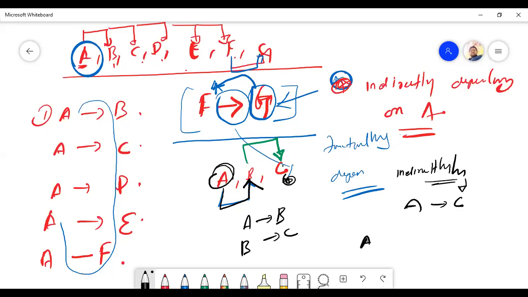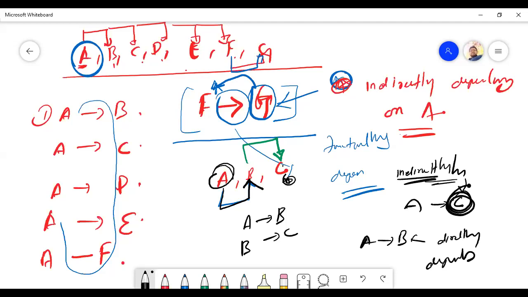If you take B, B directly depends, but if you take C, it indirectly depends on A.